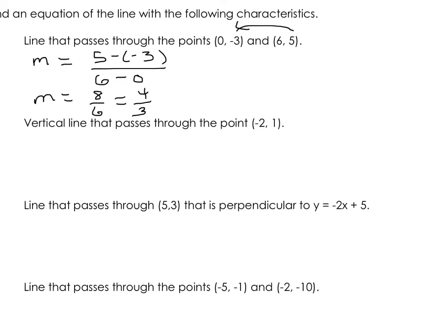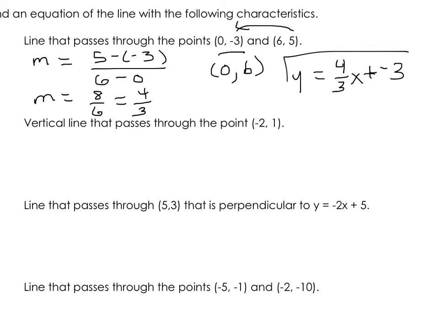We can use our point-slope form if we want to, but (0, -3), what point is that? What's the significance of that point? That's the point (0, b). That's the y-intercept. So we can go straight to our equation, which is y equals 4/3 x plus a -3, or -3, however you want to write it. And that's our equation.